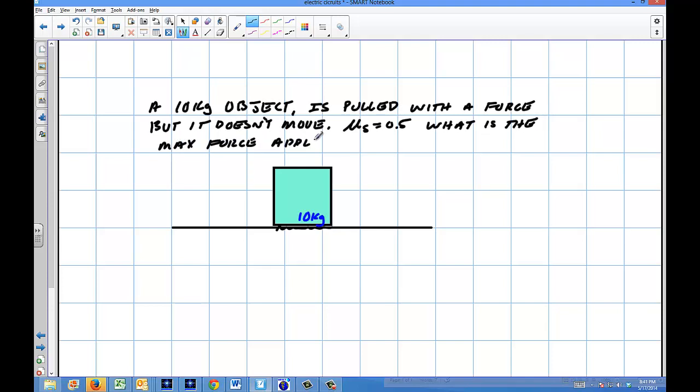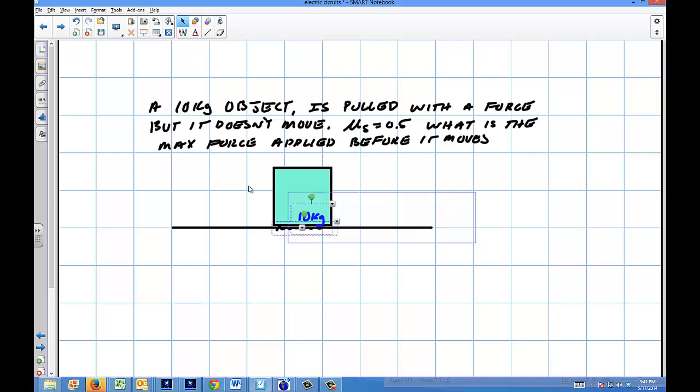Applied before it moves. Okay, so basically I got to set up the free body diagram here, which is another lesson, but right now I'm dealing with unknowns, okay?